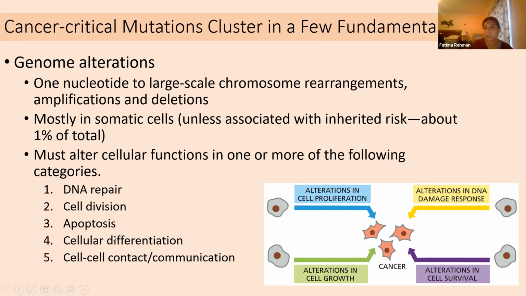However, it can't just move by itself unless it loses its cell-cell contacts and cell communication abilities as well. Then it can travel to another place and migrate and cause a metastatic tumor. So those are the major pathways that have to be altered in order to get a cancer to occur. Usually, again, a single mutation is not enough.